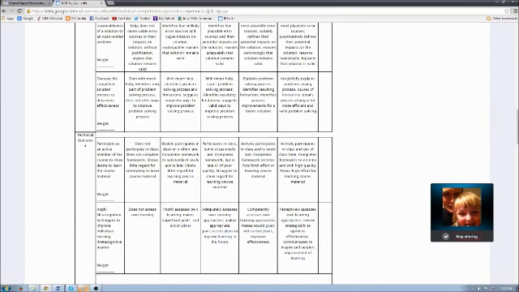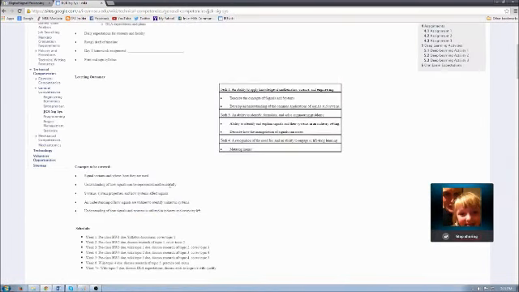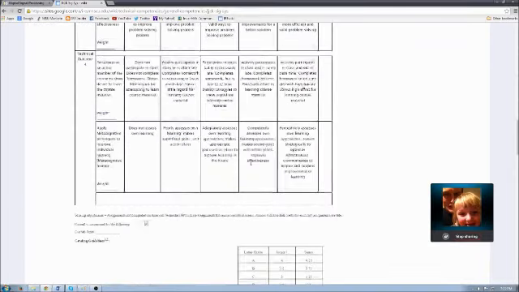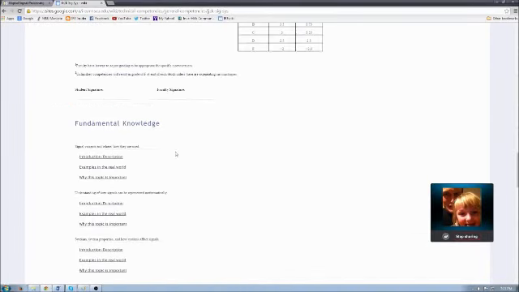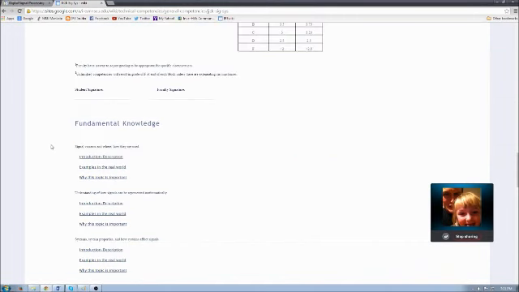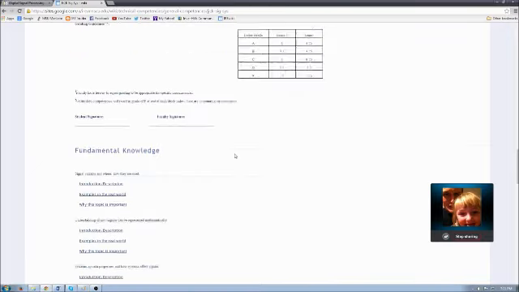Sounds good to me. So next week, writing for this first section of the wiki is due. It'll be due at class, so I'll check it at the beginning of class.